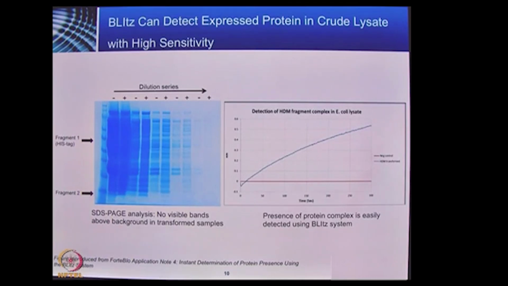What they have done is, from the cultured E. coli samples, they just take out 4 microliters of the cultured bacteria and dip these 4 microliters onto the BLITZ system.